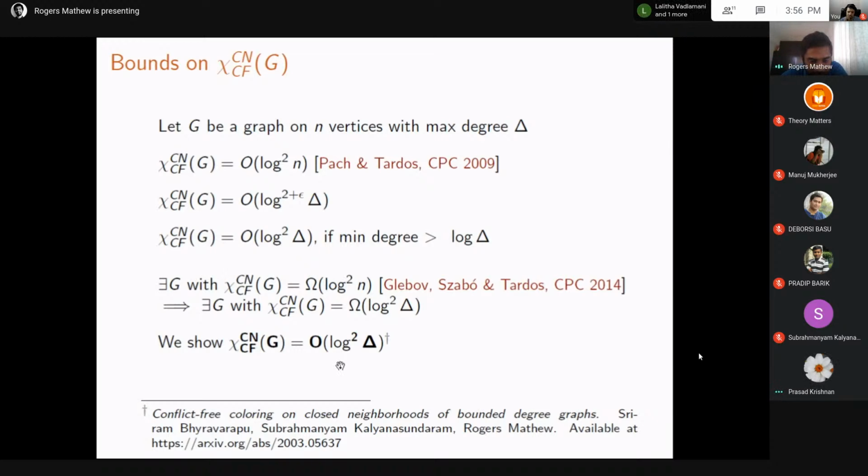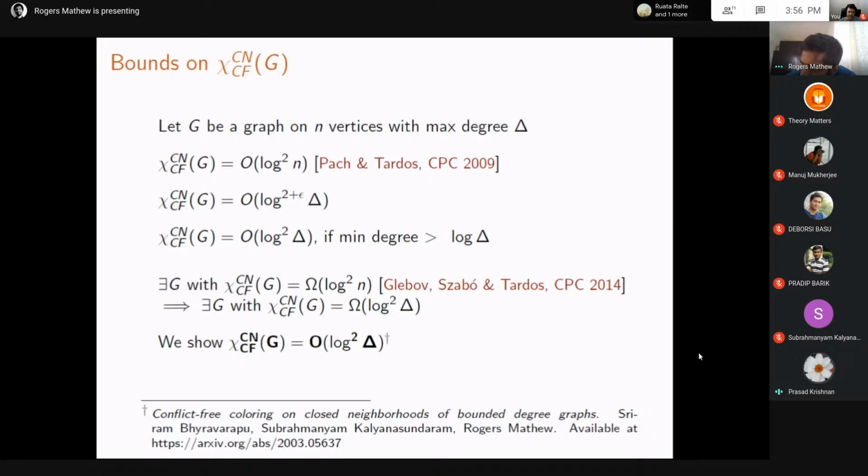Hi, this is Prasad Krishnan from IIT. Are there any bounds which use certain graph parameters which are not just the maximum degree? The kind of lower bound result which you are showing here is dependent only on one parameter, it looks like.